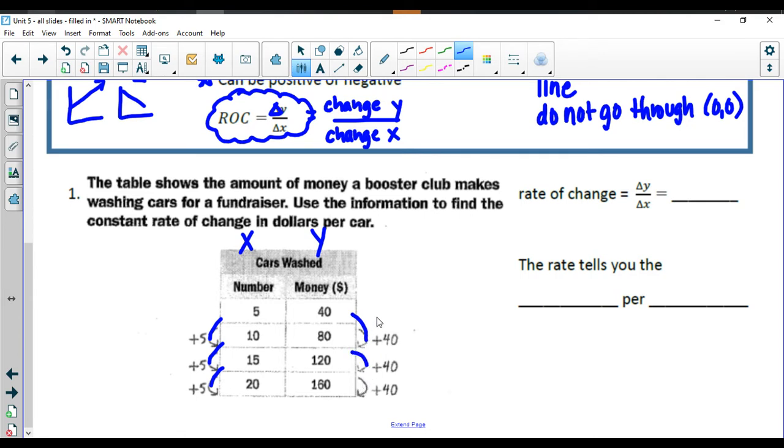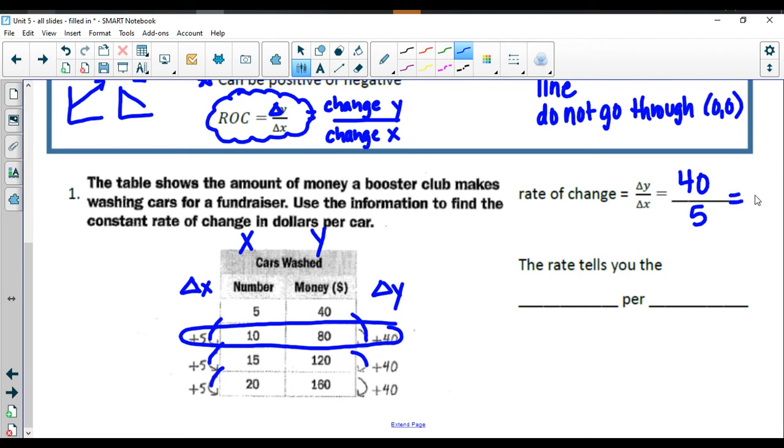So our rate of change is going to look at these change values. This is our change in Y, and this is our change in X. Anytime we take a look at one grouping here, we can compare the change in Y, 40, to the change in X, 5. In this case, 40 divided by 5 is 8. Our rate of change here is a positive 8.